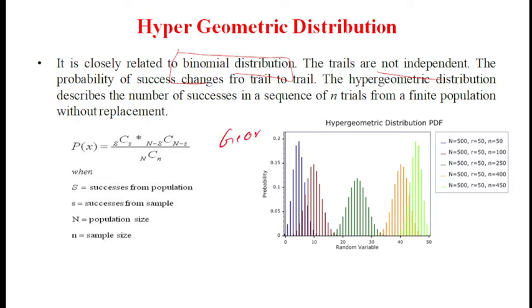In geometric, trials are independent, and in hypergeometric, trials are not independent.